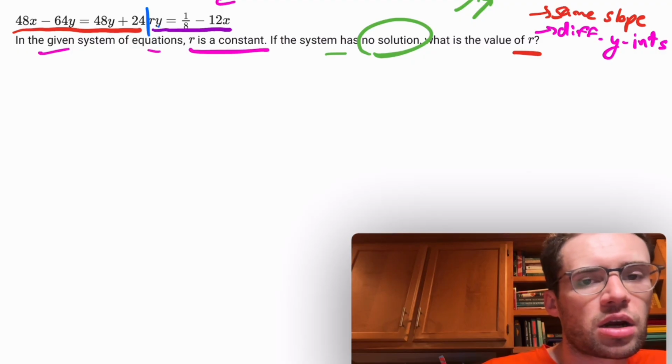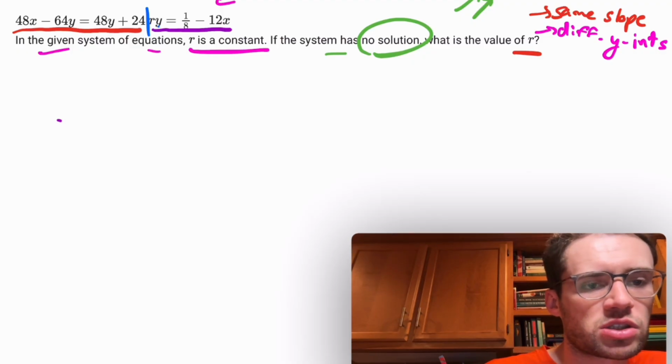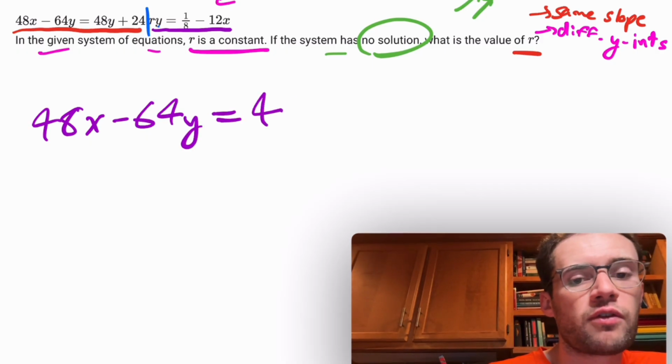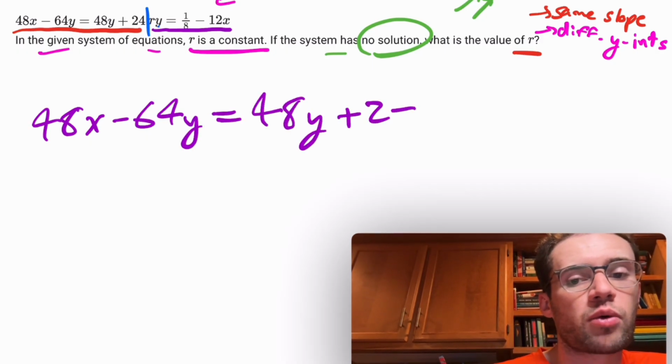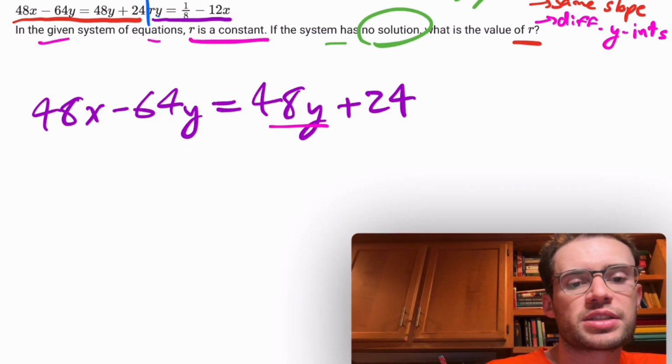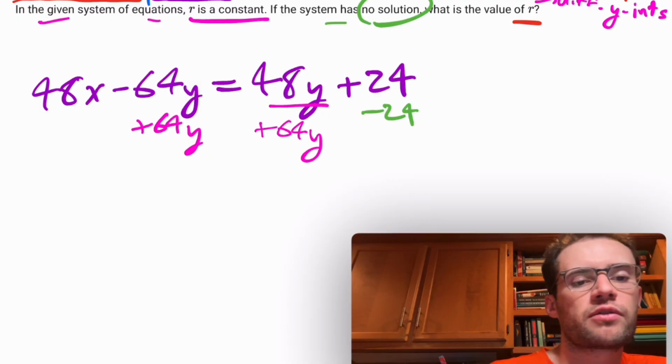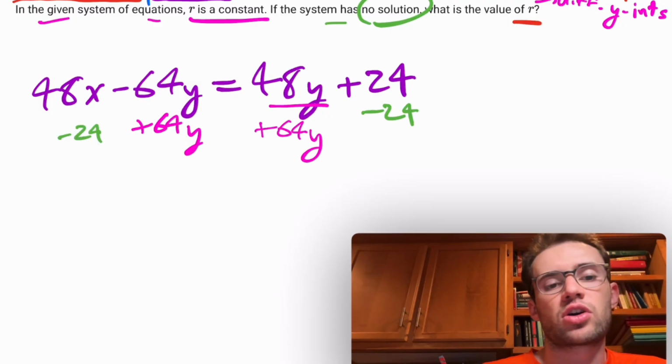And here, let's rewrite this first equation. So 48x minus 64y is equal to 48y plus 24. What I'm going to do is add 64y to both sides so that we have all the y's on the right side. And I'm going to subtract 24 from both sides so that the y's are alone.